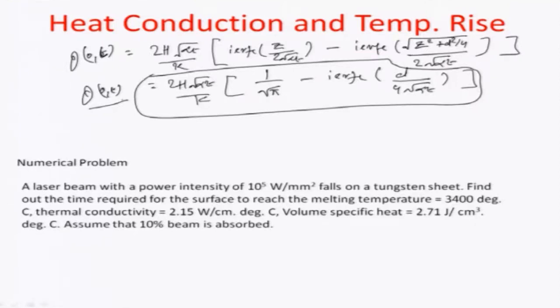That is essentially how the temperature variation on the surface of the machined workpiece, as a function of time, can be represented. If you know the beam diameter, d, in this particular case, and you are aware of the different material properties like K, alpha, and so on, and you also are aware of the coupled heat flux, which in this case is also assumed to be like a step function, so starting at time t equal to 0, you have a finite heat flux H, which continues over all points of time.